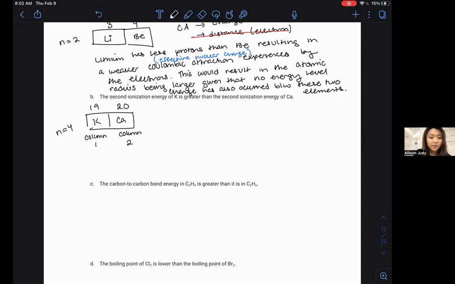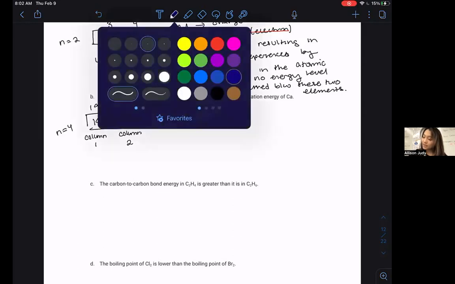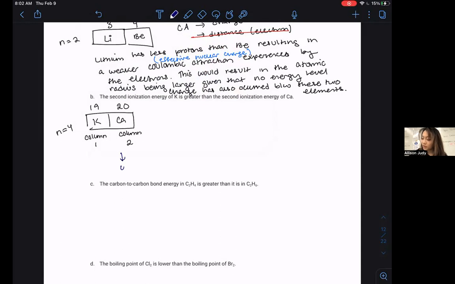So what we see for this one is when we look at ionization energy, or the energy required to remove an electron, we see that calcium is going to want to lose 2 electrons to become like the noble gas argon behind it.